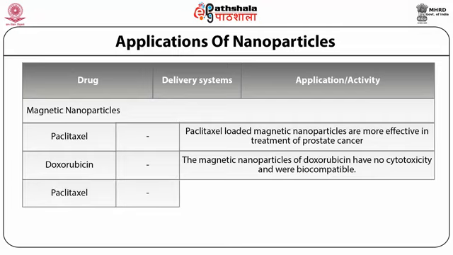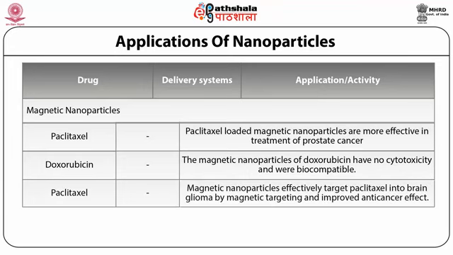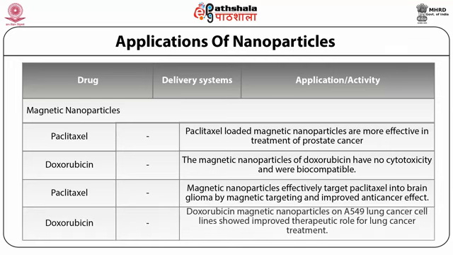Then paclitaxel in the form of magnetic nanoparticles effectively targets the paclitaxel into brain glioma by magnetic targeting and improves the anti-cancer effect in the brain. Then doxorubicin, again designed in the form of magnetic nanoparticles on A549 lung cancer cell lines, showed improved therapeutic role for lung cancer treatment.